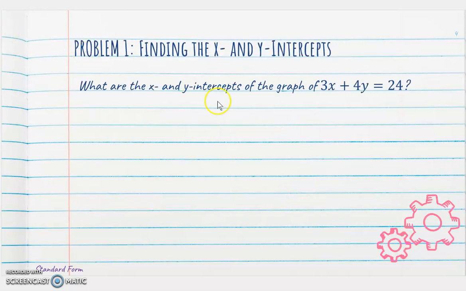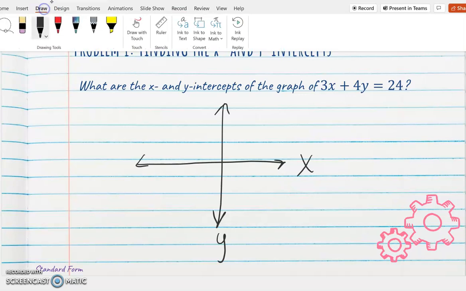So let's look at an example, finding the x and y intercepts. Now remember, you have your coordinate grid here. This is your x, this is your y. When we talk about x and y intercepts, we're just talking about the point where it will cross.